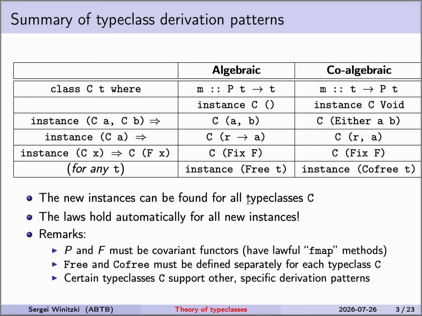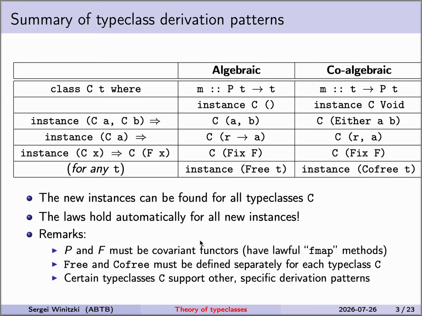You probably know about free monad or free functor or free monoid and so on. So these are type constructors that create instances from any type. And similarly for coalgebraic type classes, there are co-free instances, and they're different. So algebraic type classes do not have co-free instances, and co-algebraic ones do not have free instances.